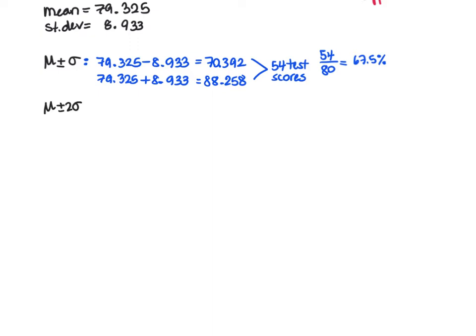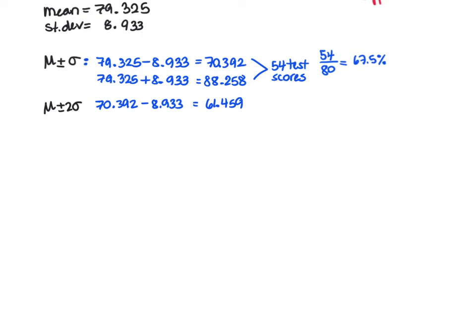So technically what we're going to be doing is taking 79.325 and subtracting 2 times 8.933, or adding 2 times 8.933. Practically speaking, all we need to do is take 70.392 and subtract another standard deviation.